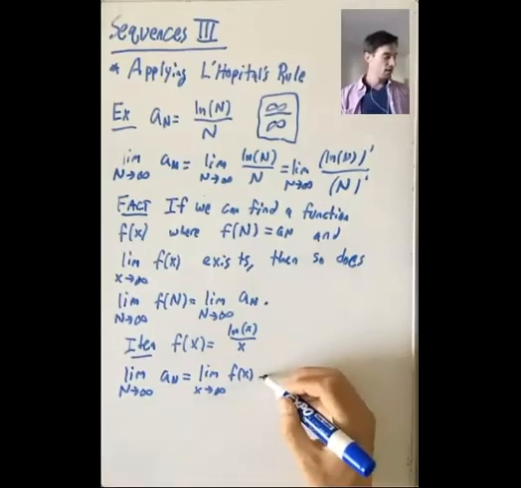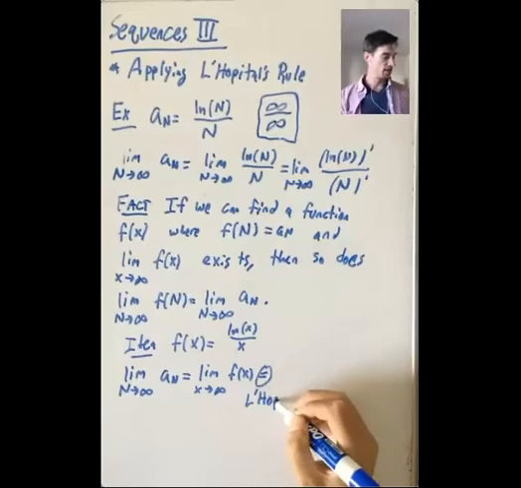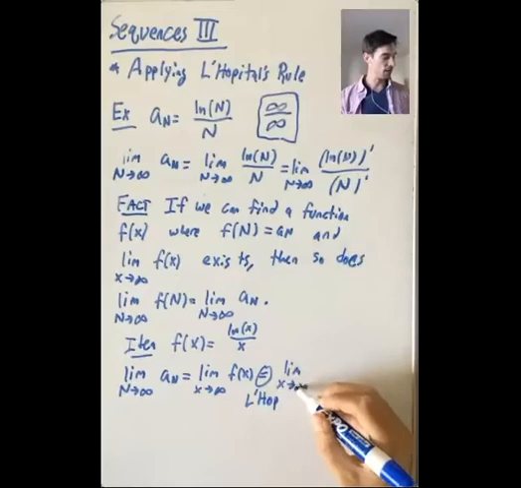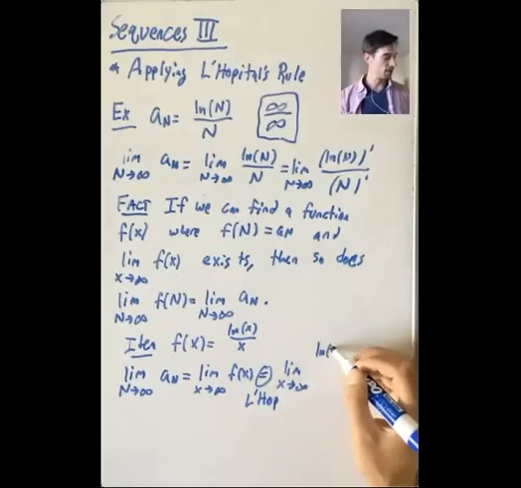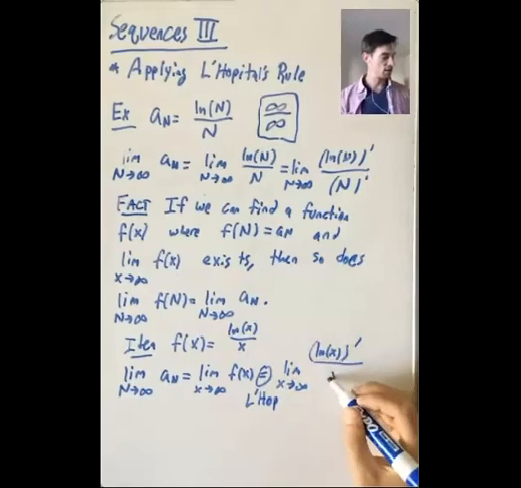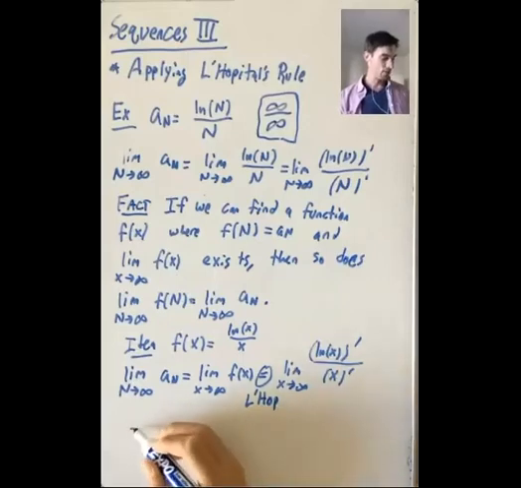And here we're going to apply L'Hopital's rule and say that this is the same as the limit as x goes to infinity of the derivative of natural log of x with respect to x over the derivative of x with respect to x. Okay, and what is that?